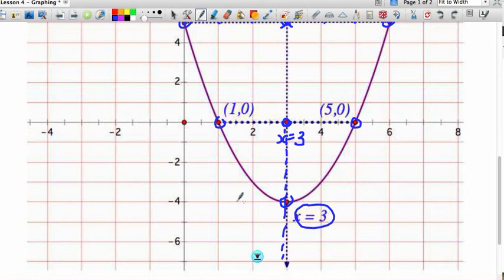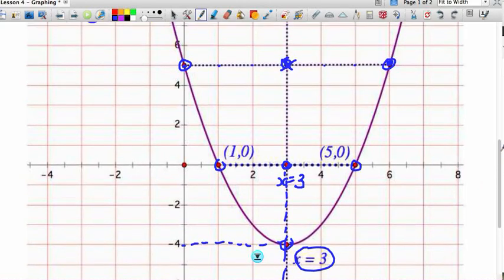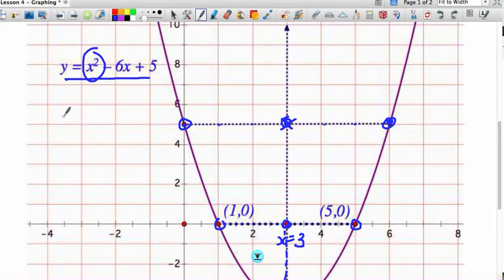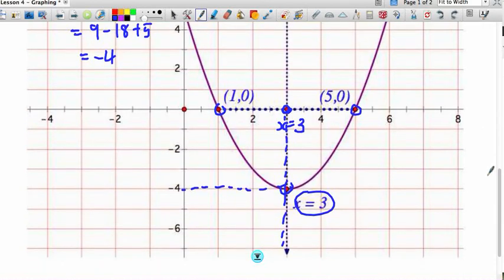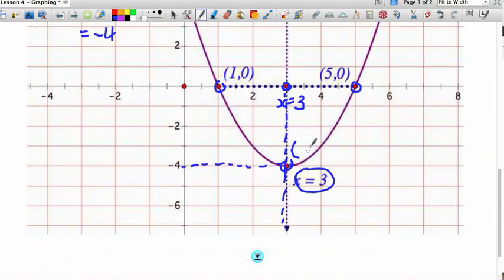In this case we have a graph, so it's easy to read off that the y-coordinate is minus 4, but if we didn't have a graph and were doing this algebraically, we would substitute in: y equals 3 squared minus 6 times 3 plus 5, which gives 9 minus 18 plus 5, which gives minus 4, confirmed here graphically. So the coordinates of the vertex or turning point are (3, minus 4).